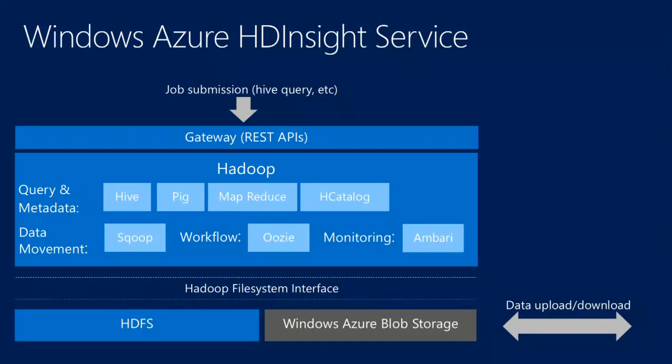So if you take this collection of projects, this is really the main family of projects that make up most of Hadoop, or the stable part of Hadoop right now. Now, I told you all about HDFS, but now I'm going to switch it up a little bit on you. One of the features of Hadoop is that if you have your own storage, you can build an implementation of HDFS and plug it into Hadoop.